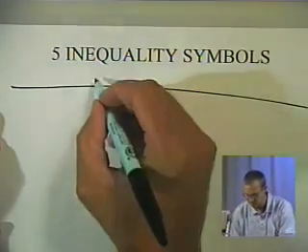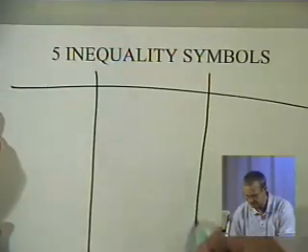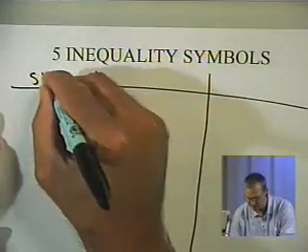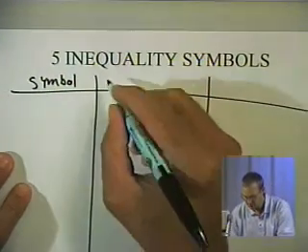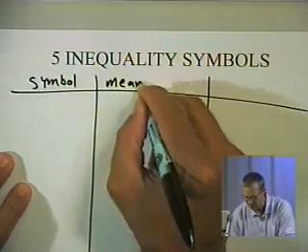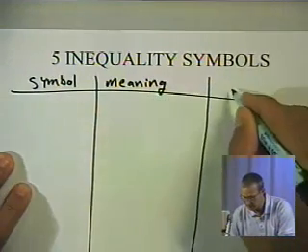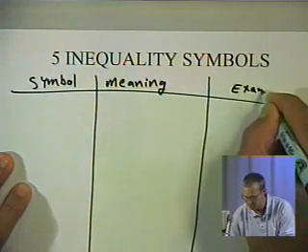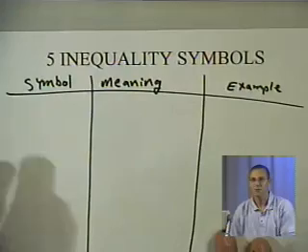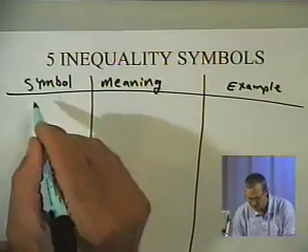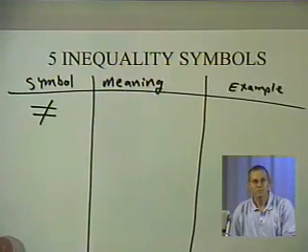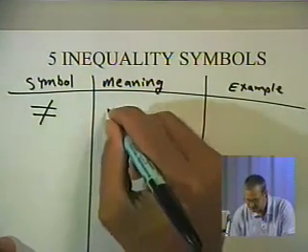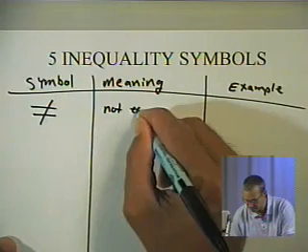Let's make a little chart. How about if I put the symbol in this column? I'll put its meaning in the middle column, and then maybe I'll do an example over here. The first one we saw was the not equal to symbol. The meaning is not equal to.